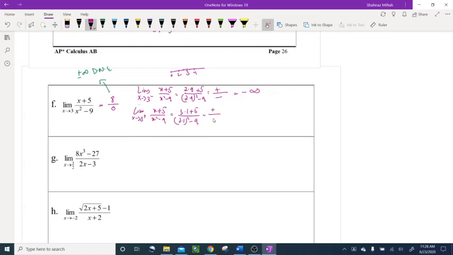And this one I think is going to give me positive too, because 3.1 squared is going to give me 9 point something, which is greater than 9. So I'm using that sign. So it's positive infinity, that one. Which means the limit as x approaches 3 of x plus 5 over x squared minus 9 does not exist.